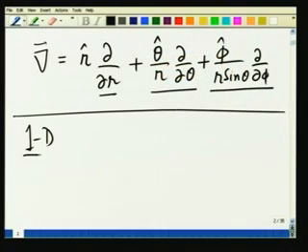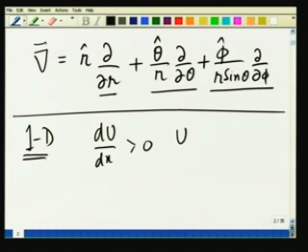Let us now try to get some feeling of this, because in one dimension it is quite easy. You have been thinking in terms of one dimension, so let us just first say the 1D case. The familiar case is if du/dx is greater than 0, U increases with x.